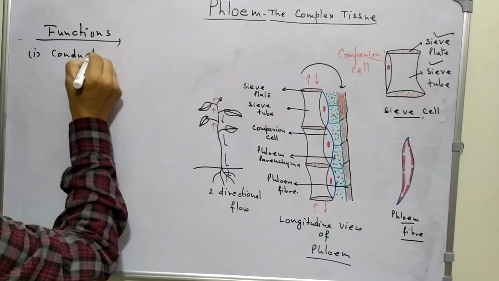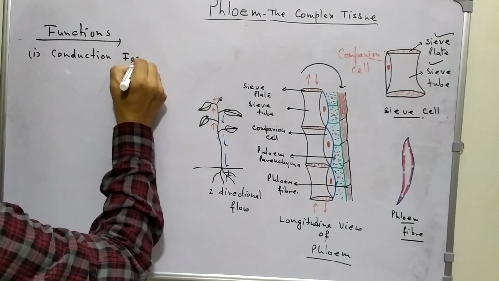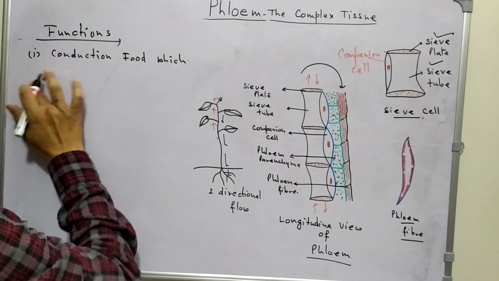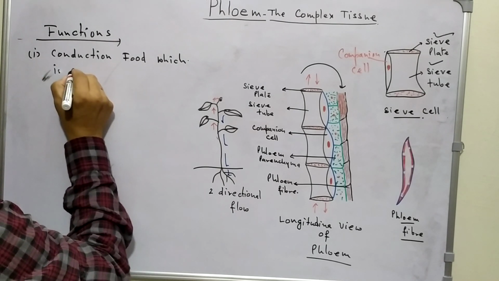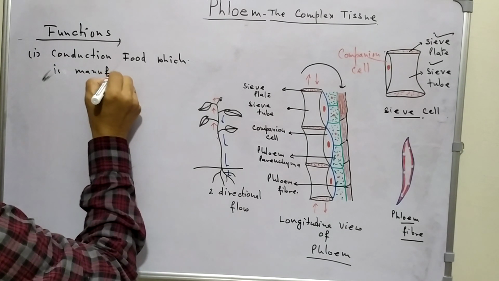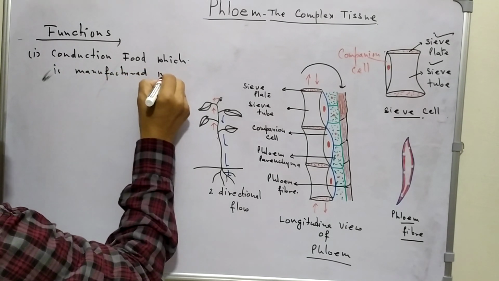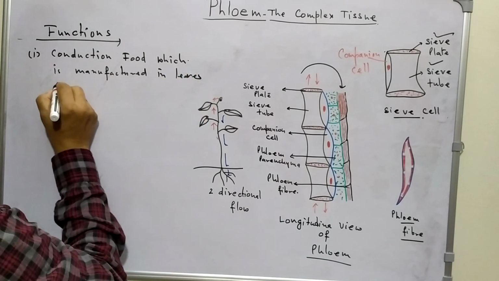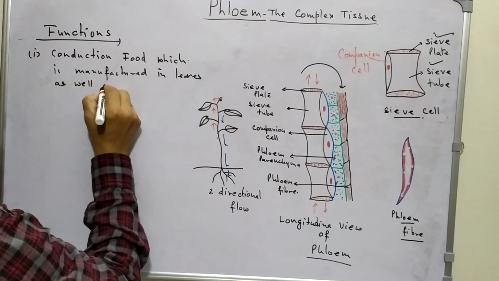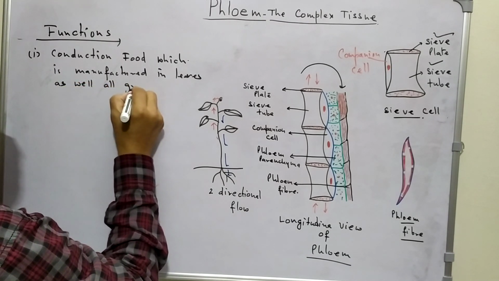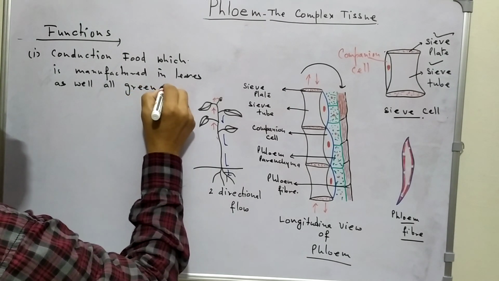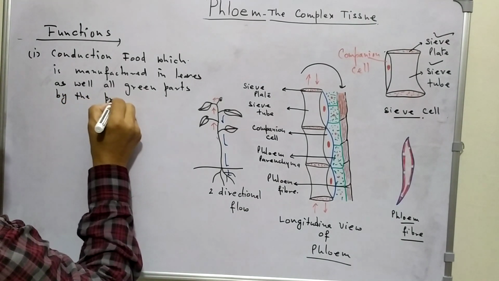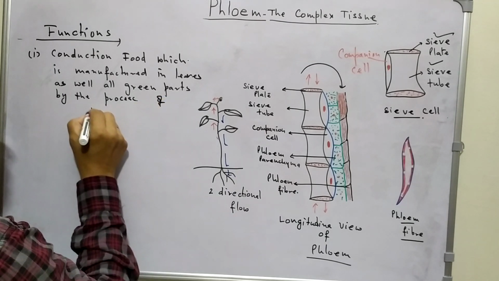Conduction of water, conduction of food, which is manufactured in leaves as well as all green parts by the process of photosynthesis.